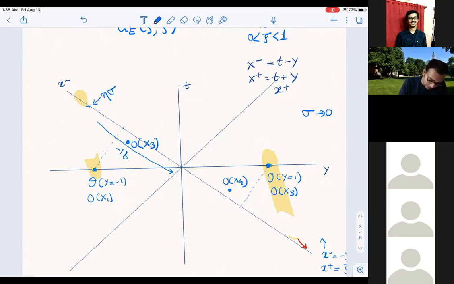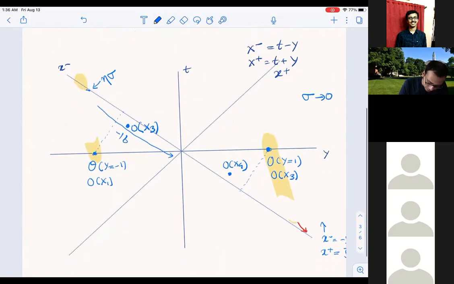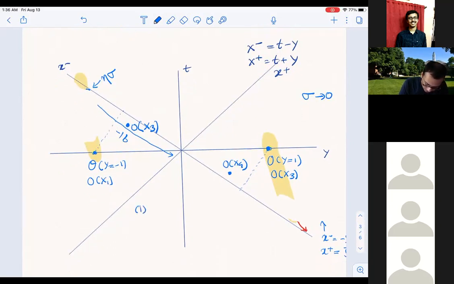In terms of rho and rho bar, this situation is rho between 0 and 1, and rho bar also between 0 and 1. So that gives me the Euclidean correlator.